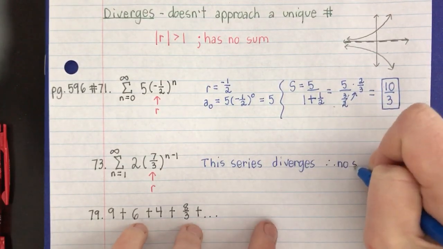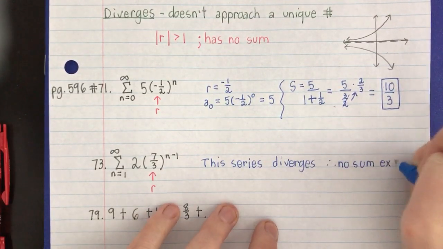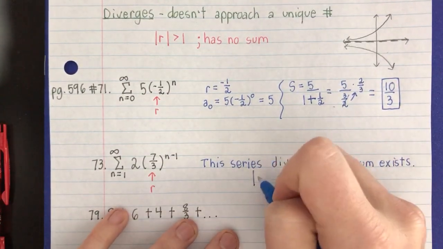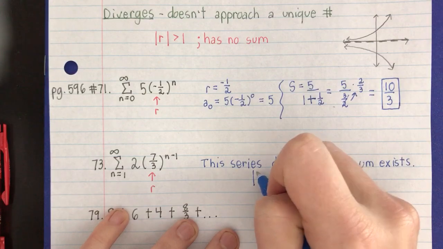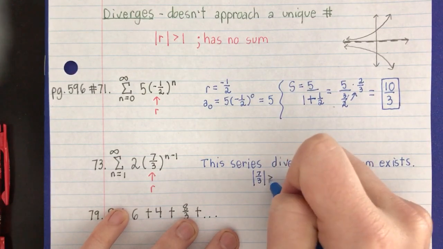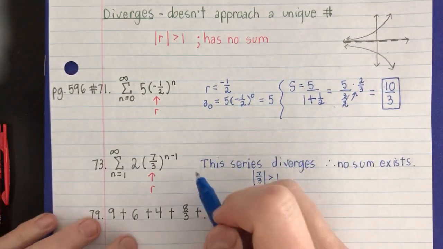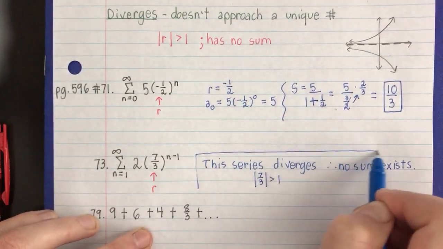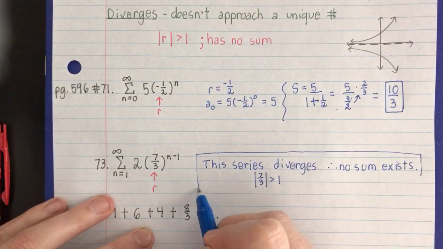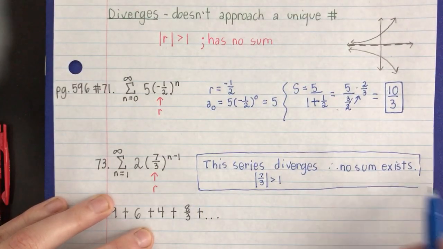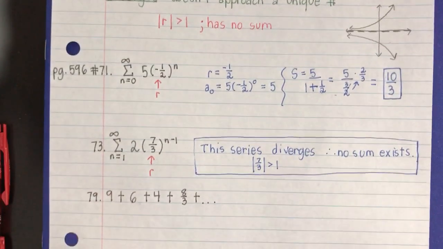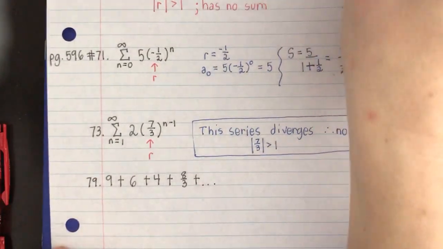Therefore, no sum exists. The reason is the absolute value of 7/3 is greater than 1. That r value, the absolute value of r, is greater than 1, therefore this series must diverge. There is no sum.